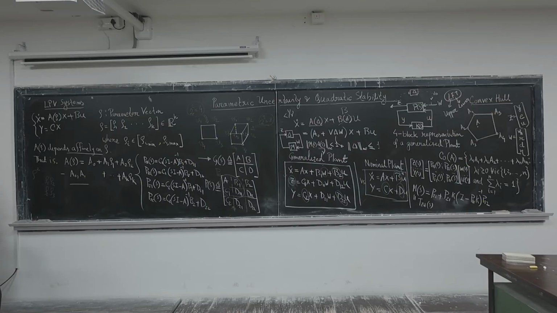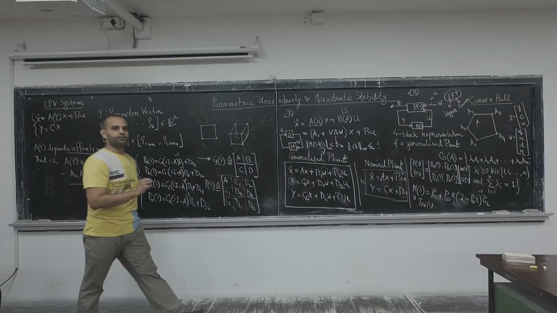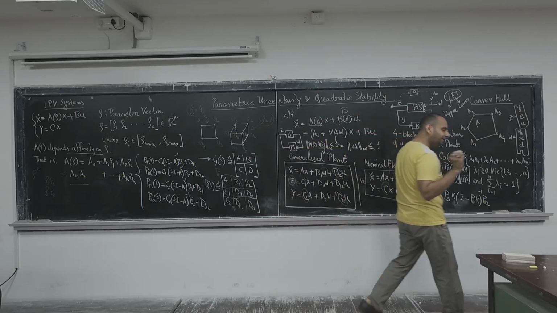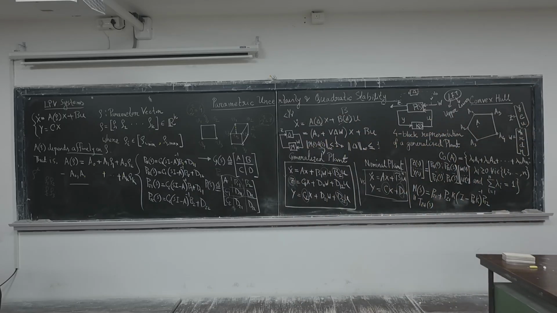In such cases they don't vary within a box. So for them we cannot apply the quadratic stability result. That's why for this class of variation and this affine dependence we have LPV systems. Try to understand why this class of systems is easier to handle.